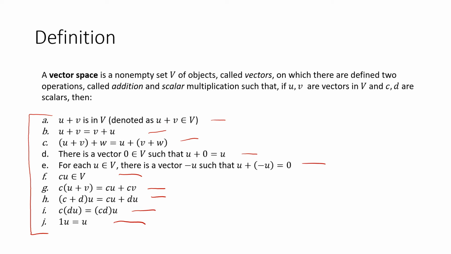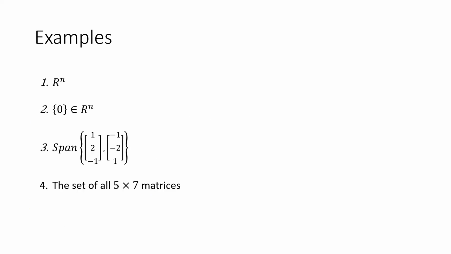And we're going to see a couple of examples of other groups of things that aren't n by 1 matrices, where these definitions apply. So some examples, and some of these are things that you'd be very familiar with. Rn. We've talked an awful lot about Rn being the set of all vectors with n elements.